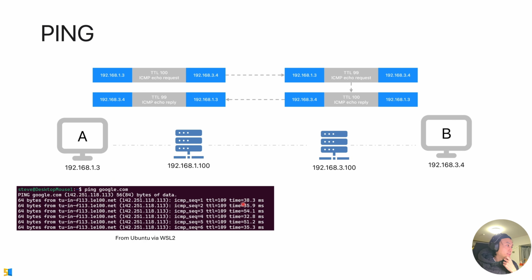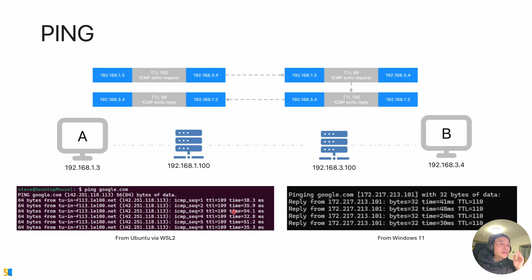All right. So now we know how to read these and understand how they work. What is that TTL? What does the TTL mean here? So that's the idea of learning. Now, on the other hand, I have another example using my Windows machine doing the same thing. I got a reply from Google, and then I get the time and the bytes.